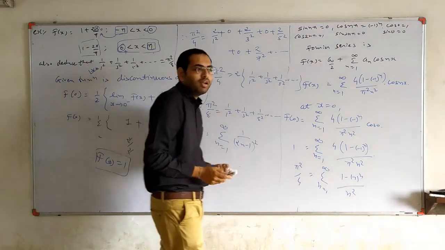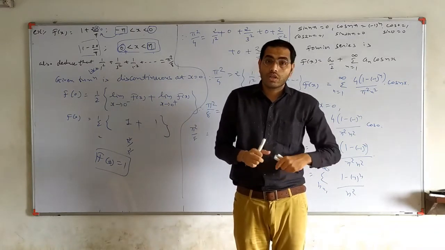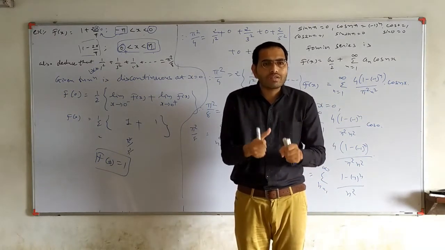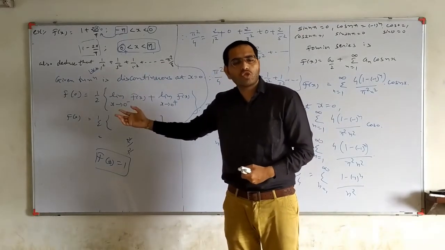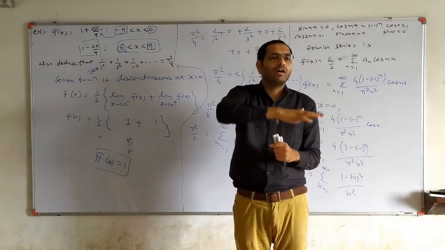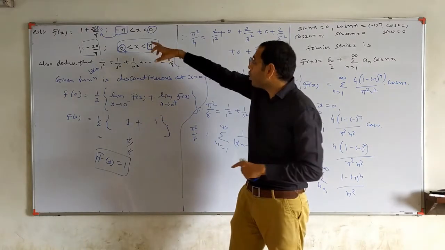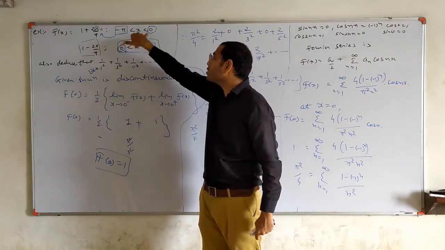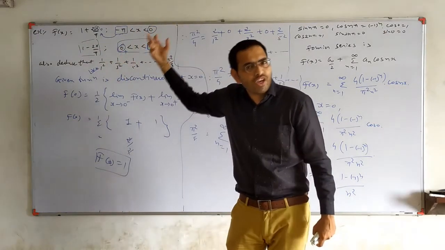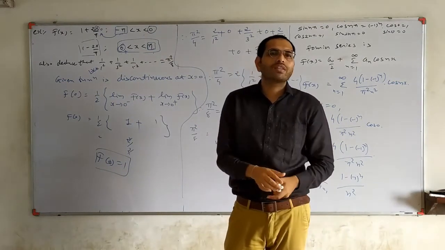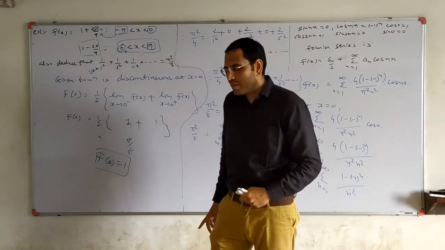Here, this example we found with the help of even and odd functions. Suppose you do not understand even and odd functions, then this example can be solved by the other method. By that method we can find a0, an and bn with the whole limit, minus pi to 0 for one function and 0 to pi for the other. I already covered this type of example in an earlier lecture. You can see it first, then you can solve this example.